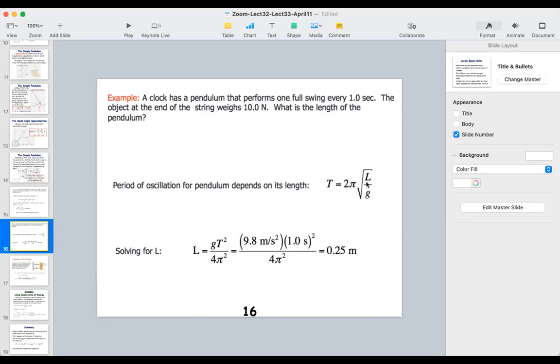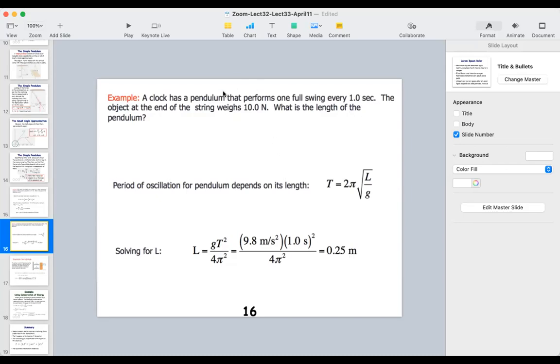So if I want to find L, L is equal to g T squared divided by 2 pi squared, which is 4 pi squared, with g equal to 9.8 meters per second squared. T was provided as 1 second, and we know how much 4 pi squared is, so we find that it's 0.25 meter.